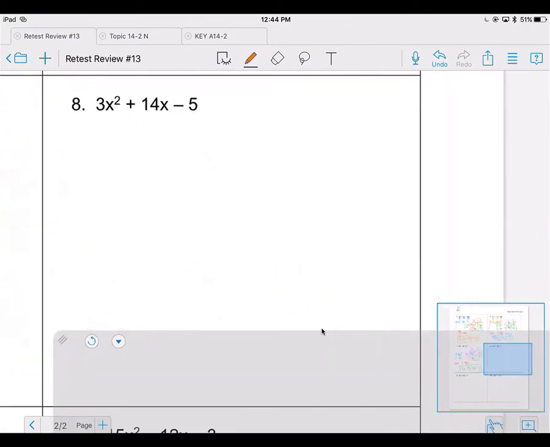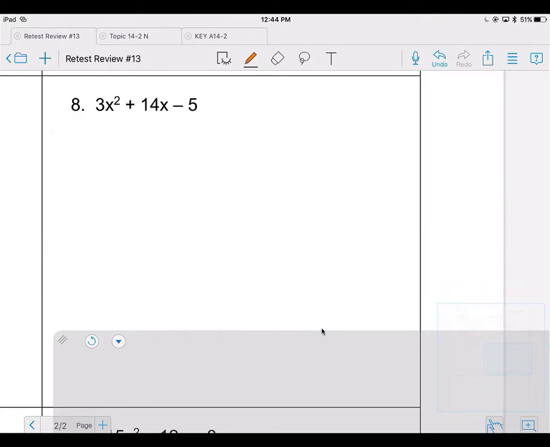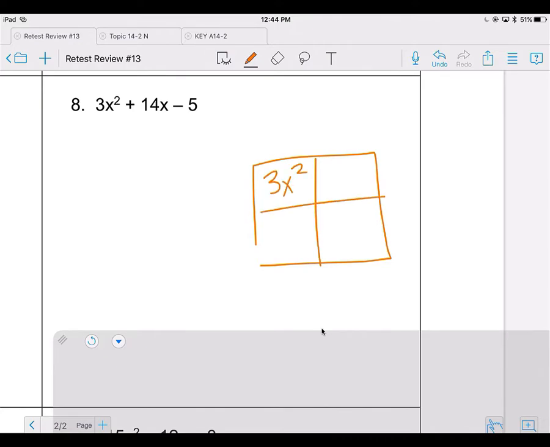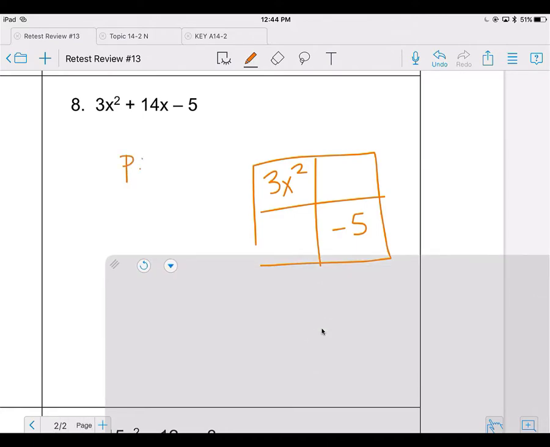Problem 8, 3, 14, and 5 do not share any like terms, so there is no GCF. 3x squared and minus 5 go into my box. I multiply them for my product, so my product is negative 15x squared. My sum is 14x.